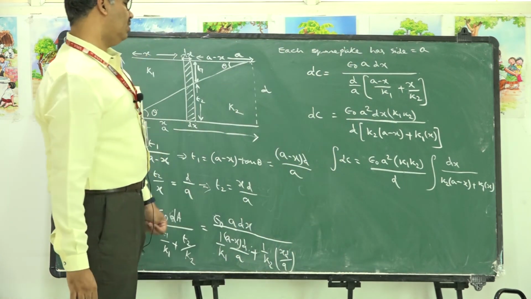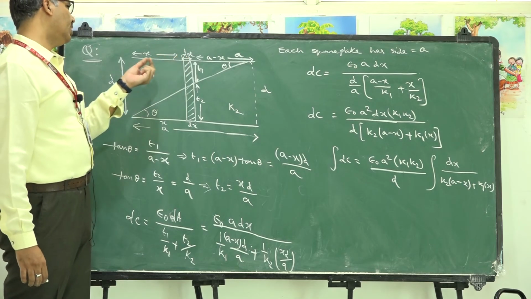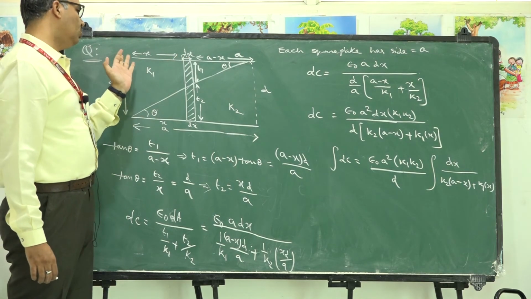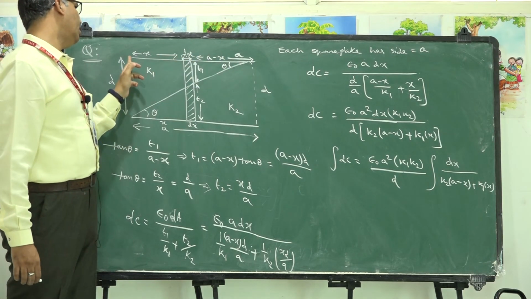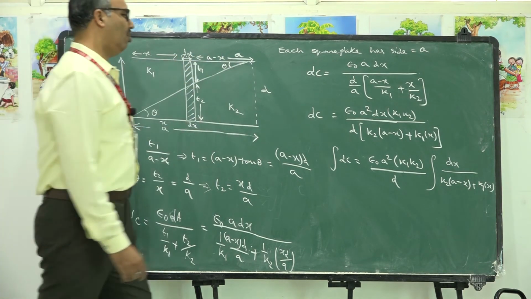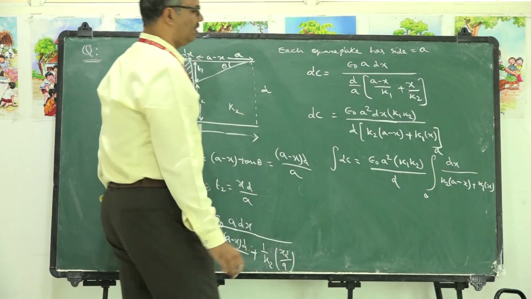So here the variable is dx. dx is nothing but the thickness of the element. So the thickness of the element you may take from this end to this end. If you take the element from here to here, 0 to A will be the limits.